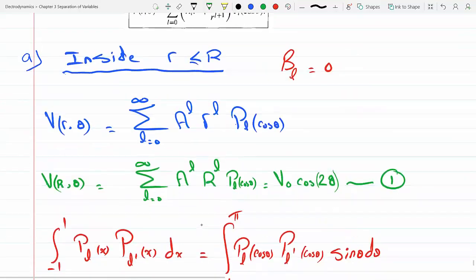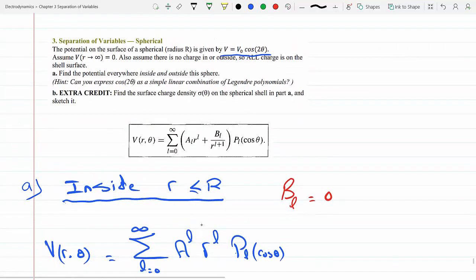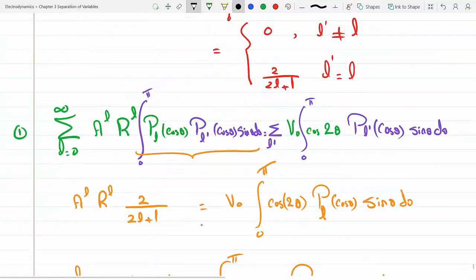Right off the bat, if you look back at the question, it said as r goes to infinity, V goes to 0. If r goes to infinity, the first term in the summation would go to infinity, because L goes from 0 to infinity. So for this not to happen, because I need this to go to 0, A_L has to be 0 in this case.